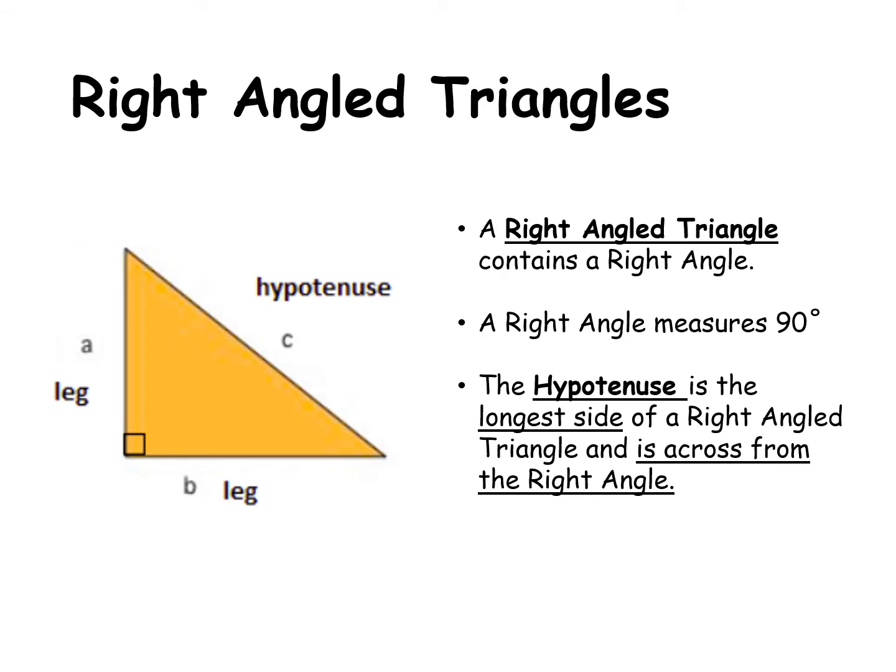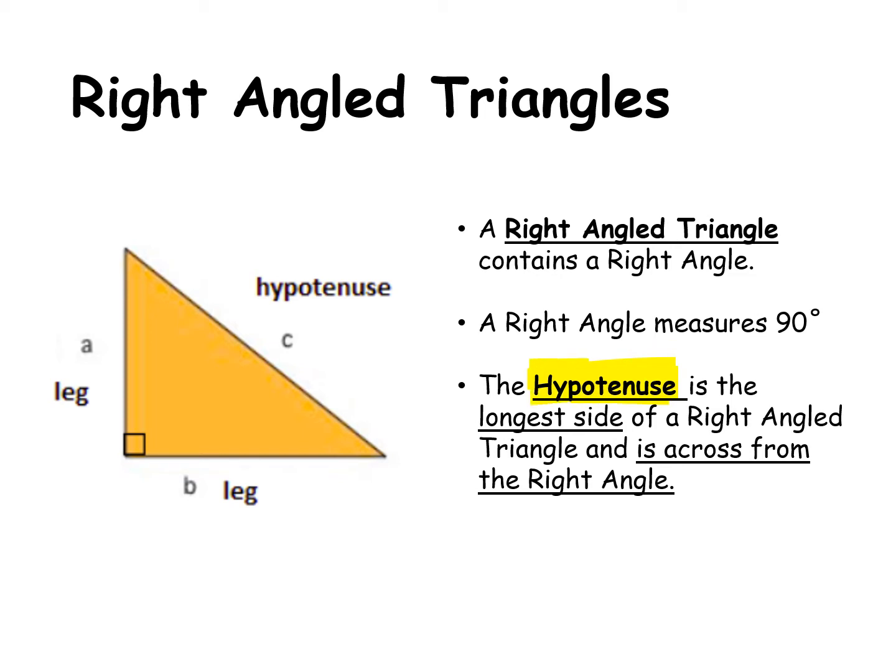So let's just do a really quick revision on right angle triangles. I have a right angle triangle here. A right angle triangle is one that contains a right angle. Do be aware that you should never assume that it's a right angle triangle. There is always something to indicate it, like our square here, to tell us that that is a right angle. A right angle measures 90 degrees, and a really important word that you need to know is hypotenuse. The hypotenuse is the longest side of a right angle triangle.